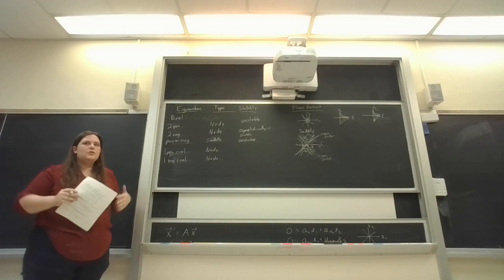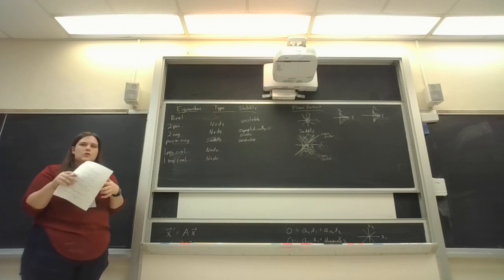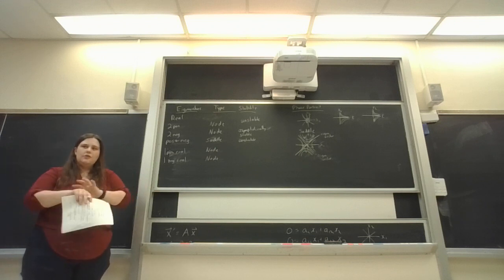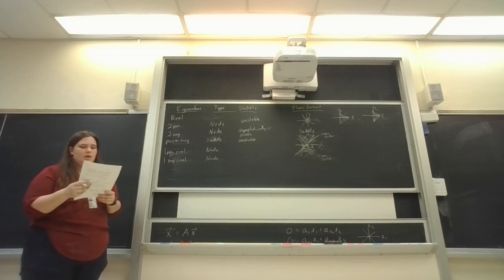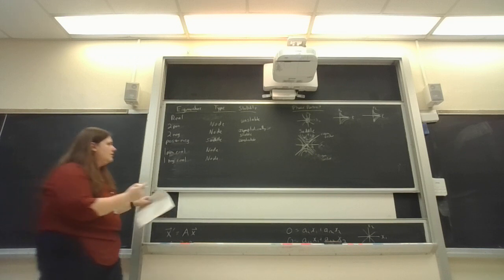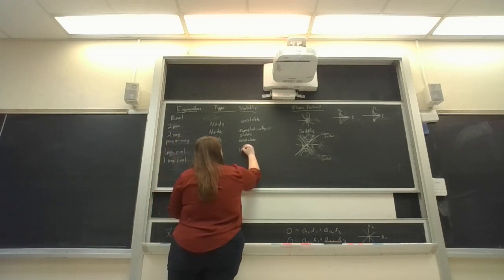And we call it node because we can think of it as like a sink or a source. Are you going towards it or are you going away from it? And then your one positive real is also going to be unstable. You're moving away. And your one negative real is going to be asymptotically stable as well.